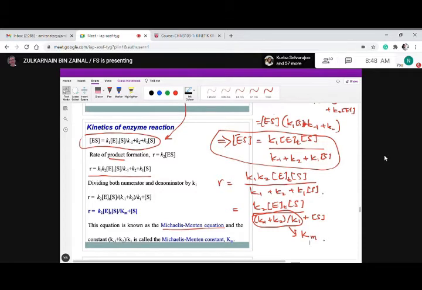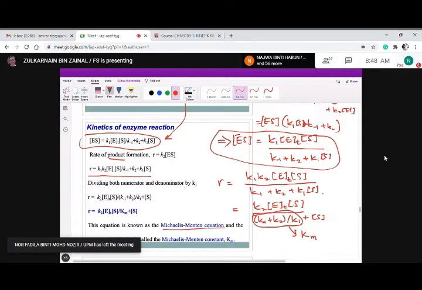This is called the Michaelis-Menten constant. And this is the Michaelis-Menten equation.